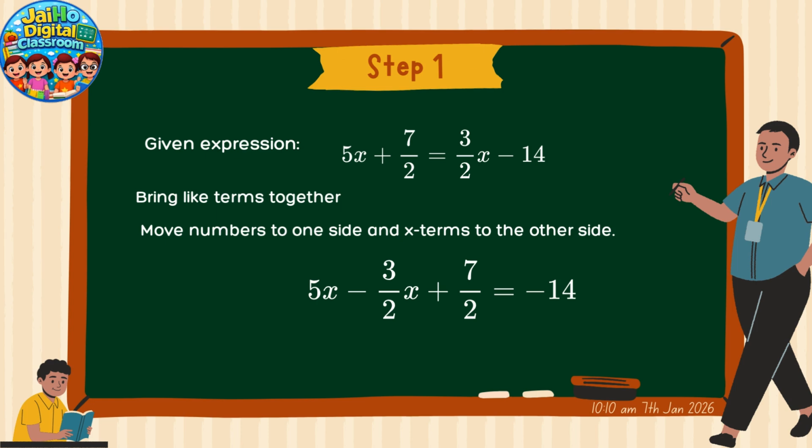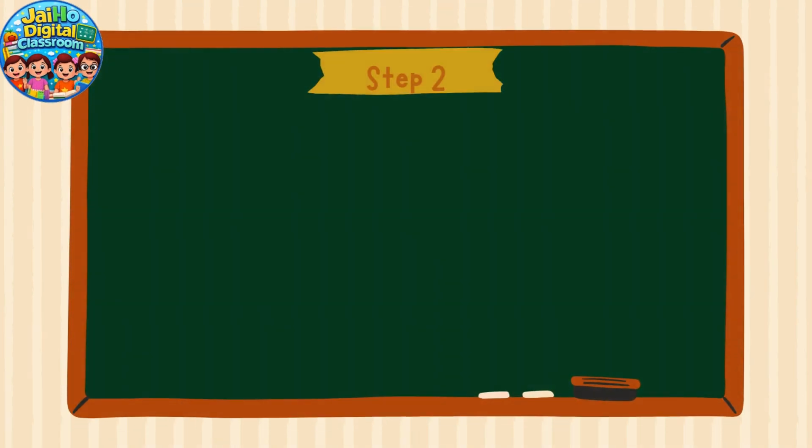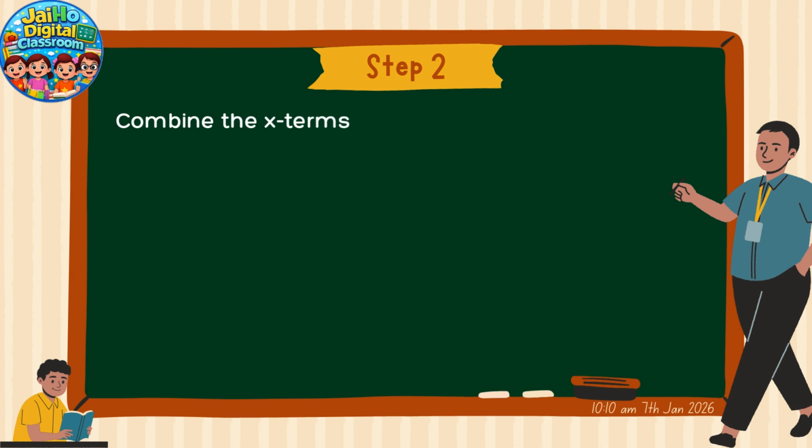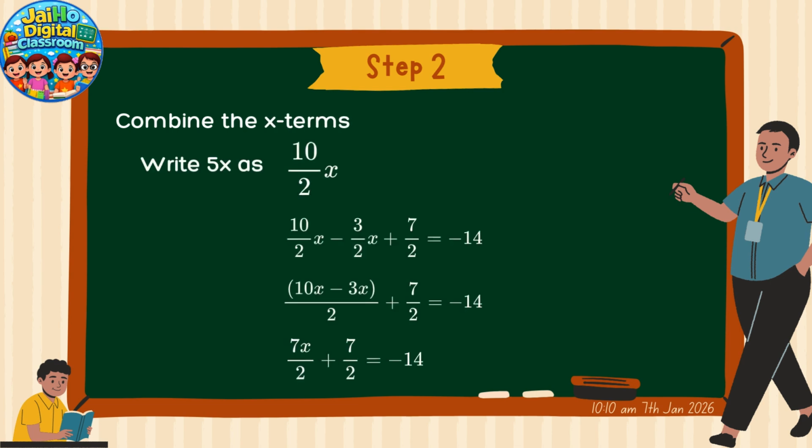Move numbers to one side and x terms to the other side. Combine the x terms. Write 5x as 10 by 2x.